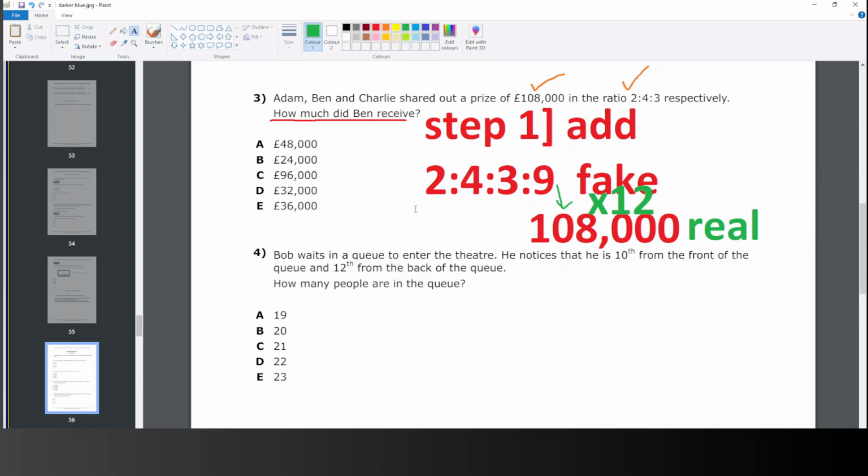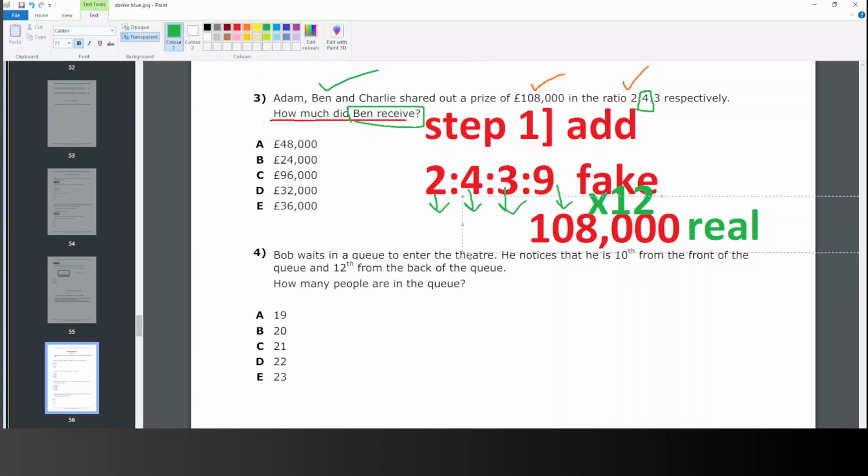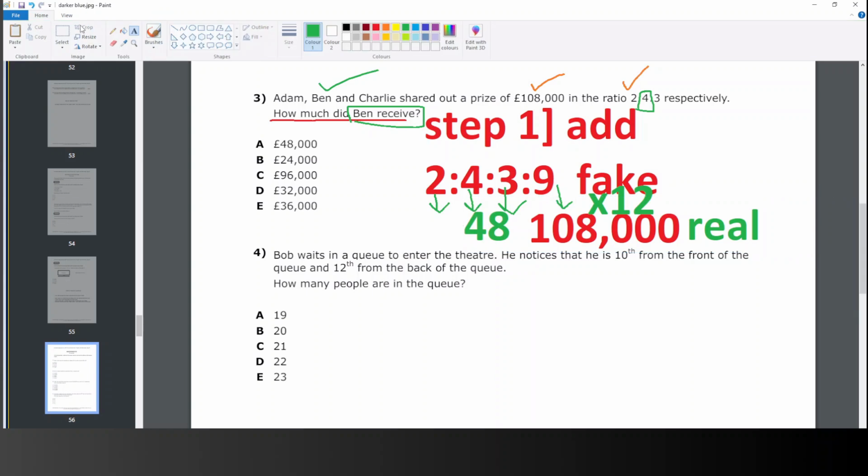That you should know straight away. That is your 9 times table. Now you go up here. 2 times 12 is equal to 24. Does that matter? No. You need to look ahead. How much did Ben receive? Ben is the middle number. The middle person with 4. So all we do is 4 times 12, which is 48. There we go.